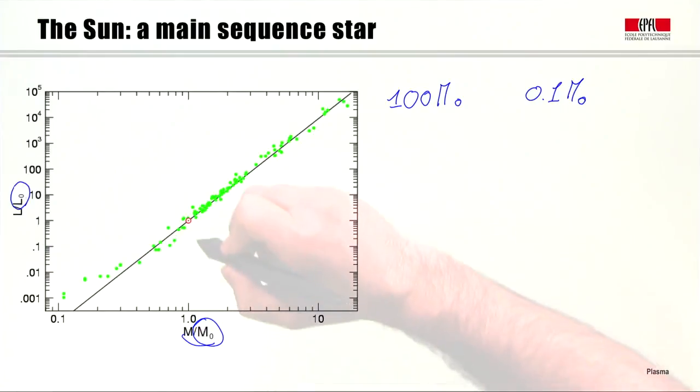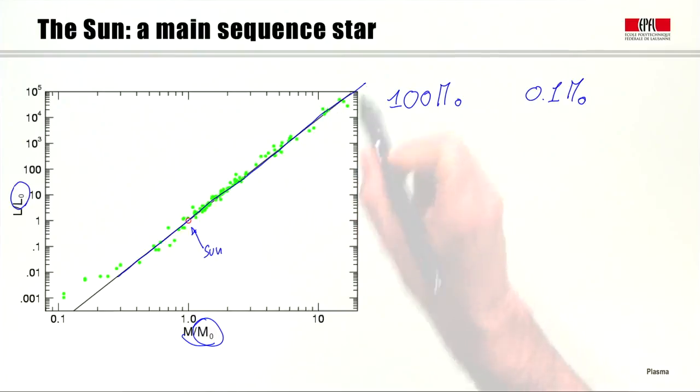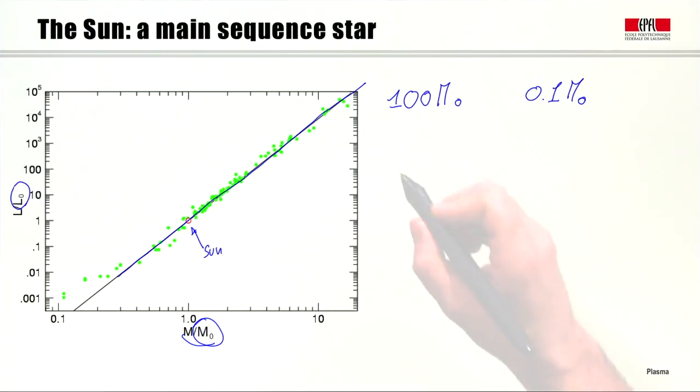In fact, this red dot here in the middle of the plot indicates the position of our Sun. If we now try to interpolate this data with a straight line, we observe an interesting property of main sequence stars.